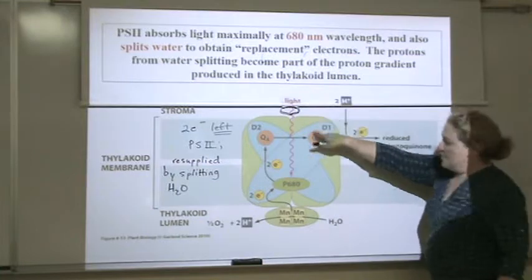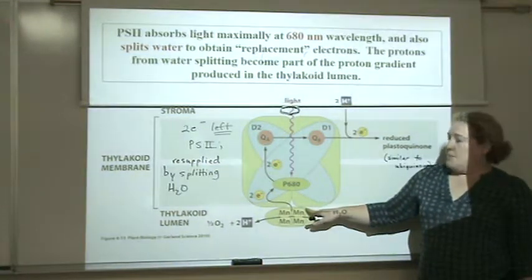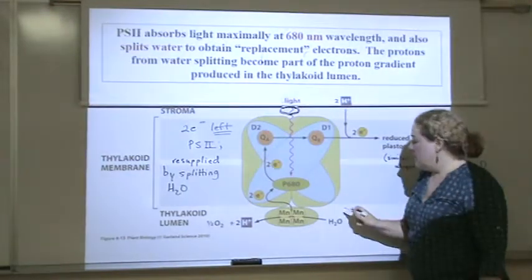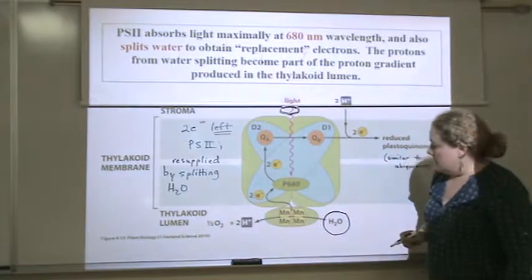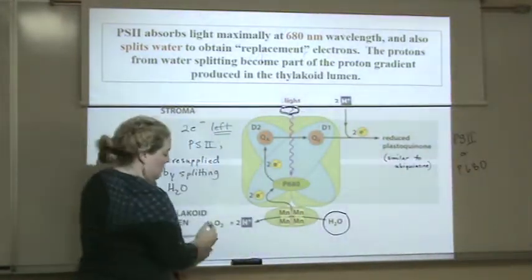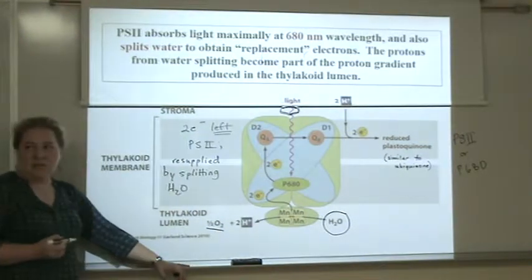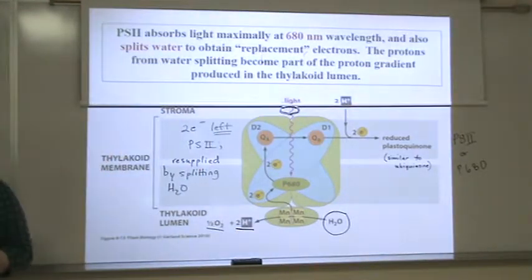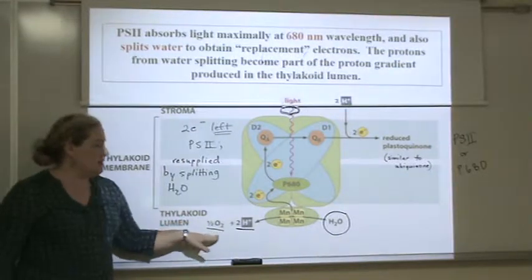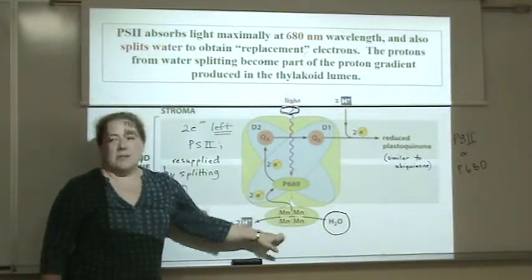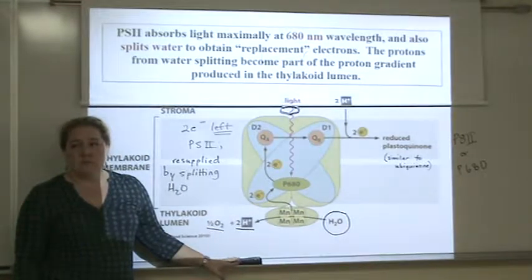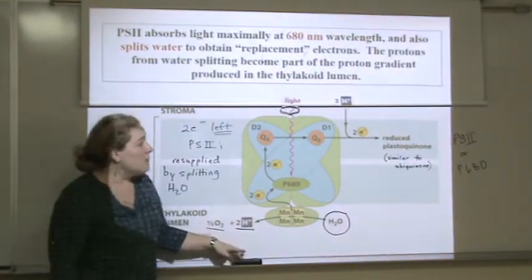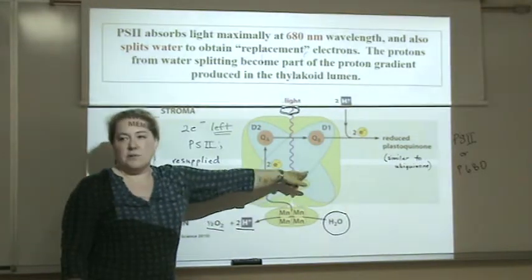So part of the energy that is absorbed by this photosystem goes into boosting electrons, and some of the energy also goes into splitting water into molecular oxygen, protons, and also electrons. It says half O2 because there are multiple waters quickly going through this process. Light is boosting electrons, and light is also splitting water to resupply electrons that just left the photosystem.